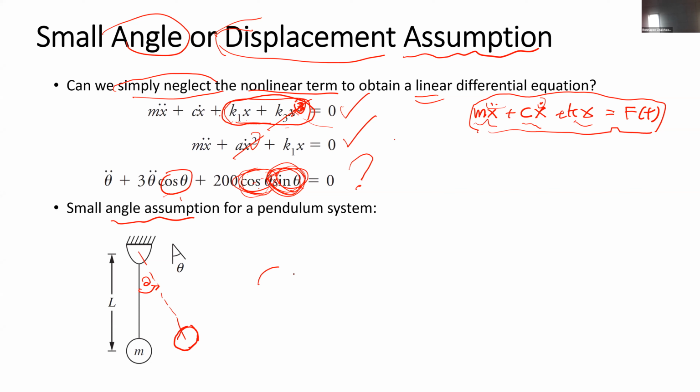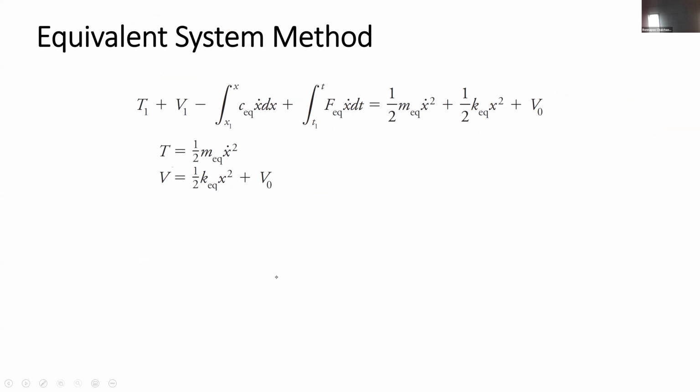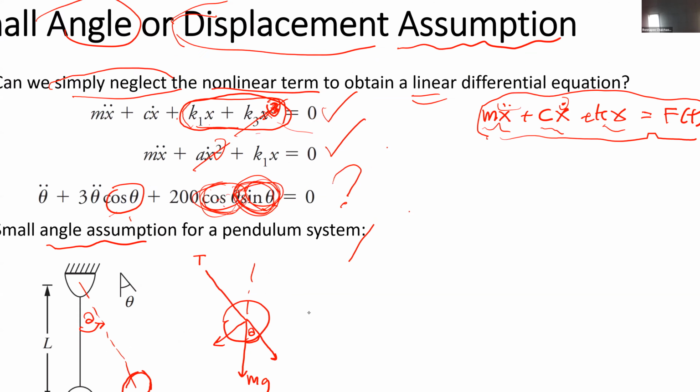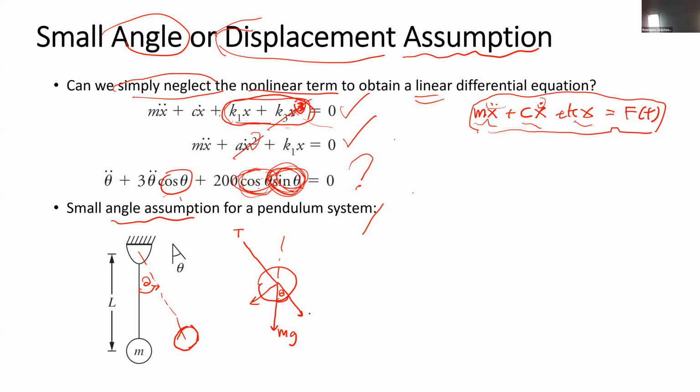We're going to have mg and the tension in the system, and mg can be separated into two parts: mg cosine theta and mg sine theta.